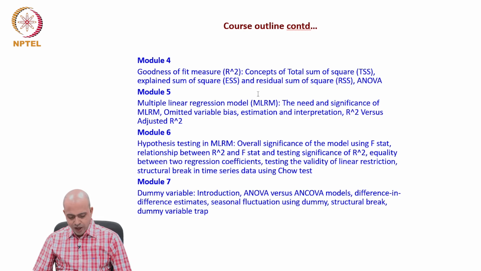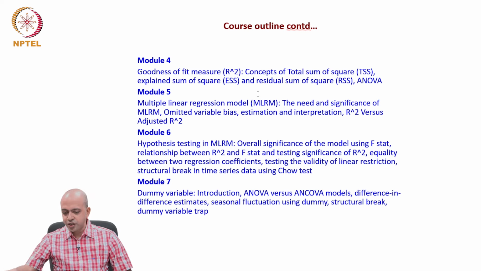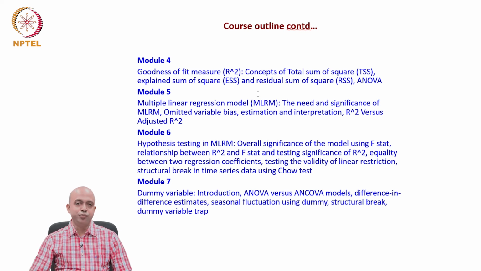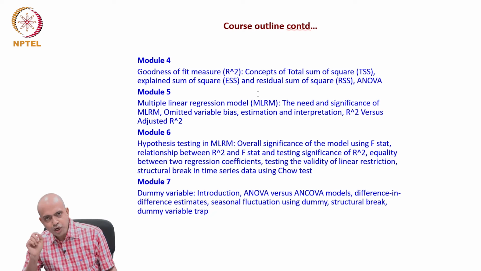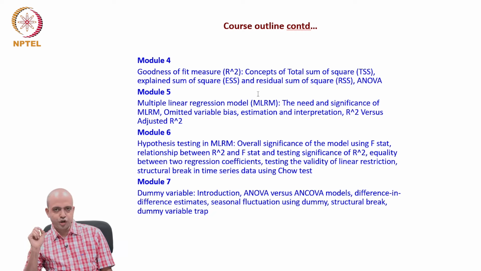Then in module 5, we will extend our 2 variable classical linear regression model into a multiple linear regression model. The example we are talking about, income and consumption, is called a 2 variable linear regression model. Why is this called 2 variable? Because you have one independent variable and one dependent variable.